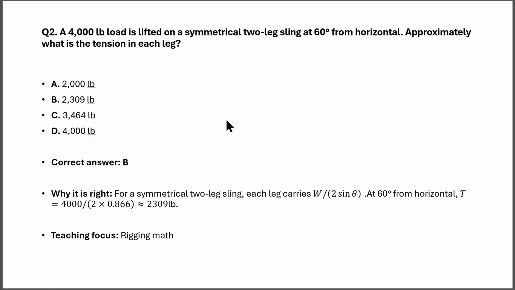Question 2. A 4,000 pound load is lifted on a symmetrical two-leg sling at 60 degrees from horizontal. Approximately, what is the tension in each leg? A. 2,000 pounds.